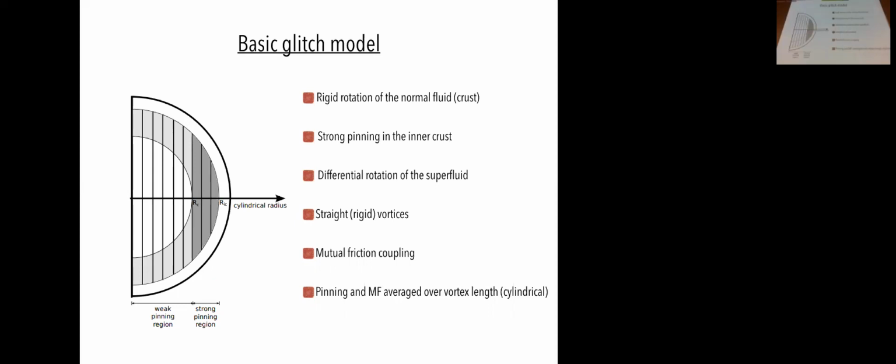The point here is that this direction, but not the other one. But there are two things. One is that this system is rotating quite rapidly, and so the strong pinning region is this shaded one. I'm not sure if you can see it very well.